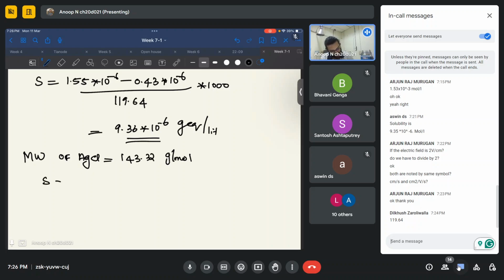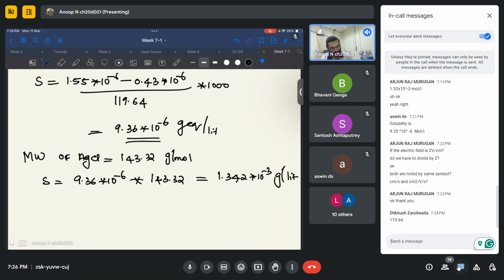So we can write S is equal to 9.36 into 10 raised to minus 6 into 143.32, which is equal to 1.342 into 10 raised to minus 3 gram per liter.